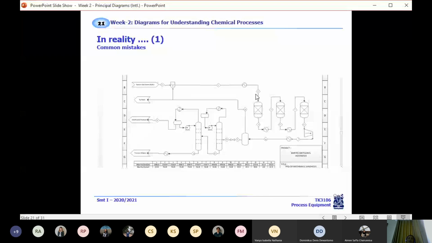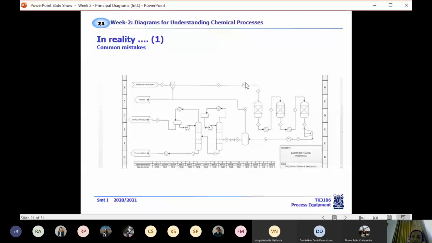When you look at this one, for example, the stream number, is it number 1 or number 2? I think it's stream number 2. When you look at this shell and tube, you will not be able to understand whether it will be cooled down or heated up.